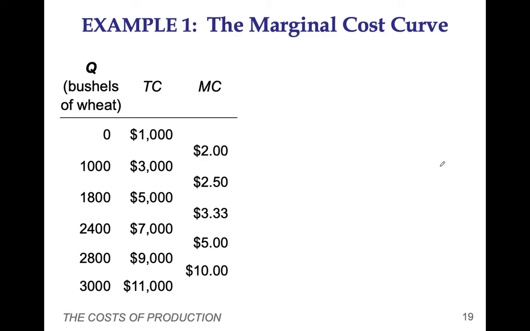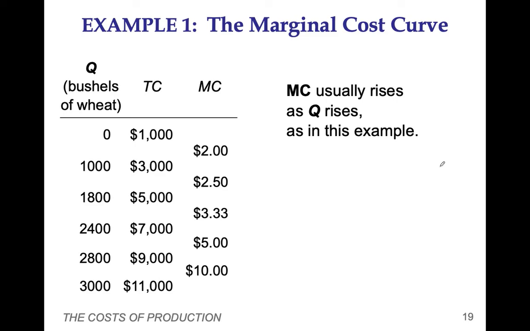So, the marginal cost curve. Here we are going to work with curves a lot. For each data we have in a table, we will draw this data on a plane. Marginal cost usually rises as Q rises. Actually, in the coming slides we'll see that at the beginning it falls, but then it rises.